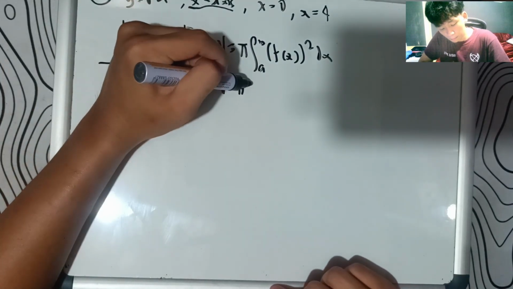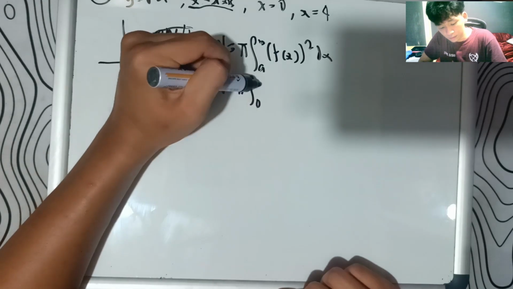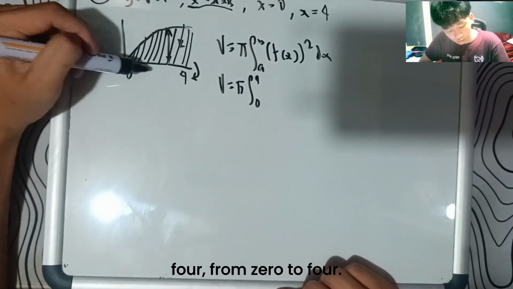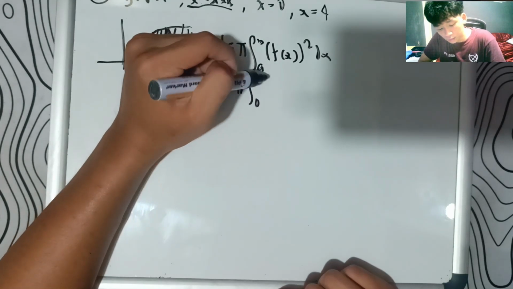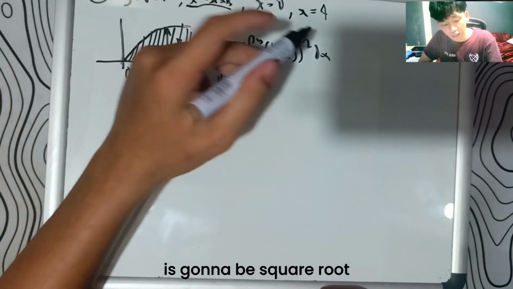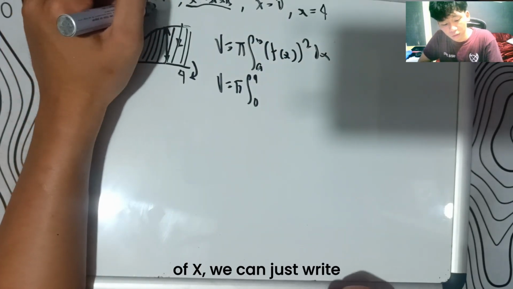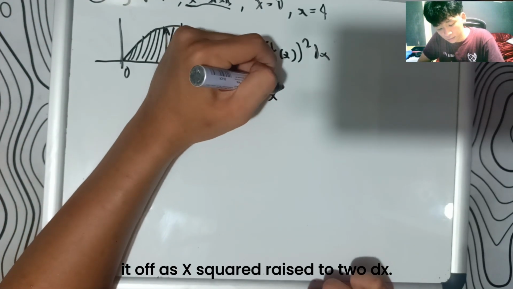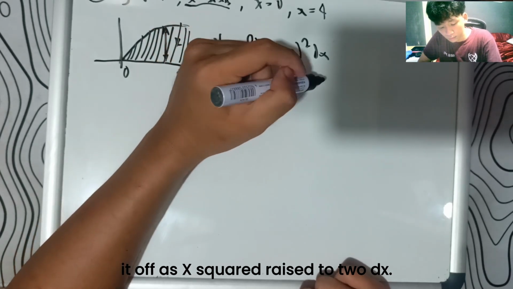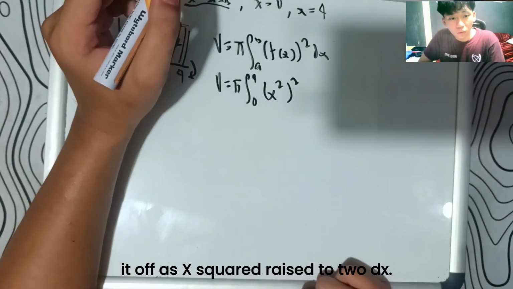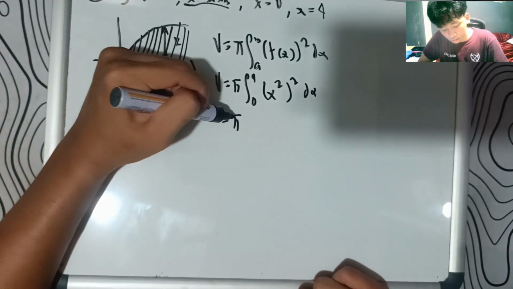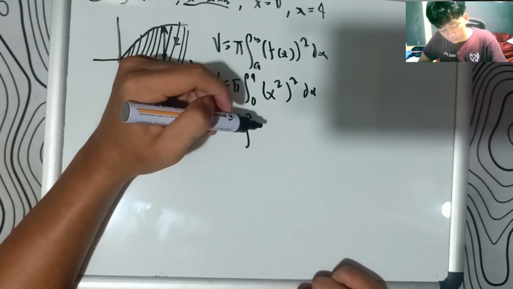So this is going to be from 0 to 4, and our f of x is going to be square root of x. We can just write it as square root of x raised to 2, dx. Now we just need to integrate.